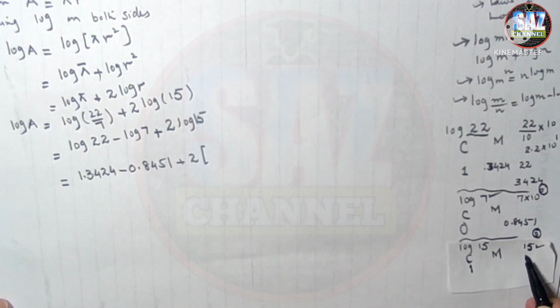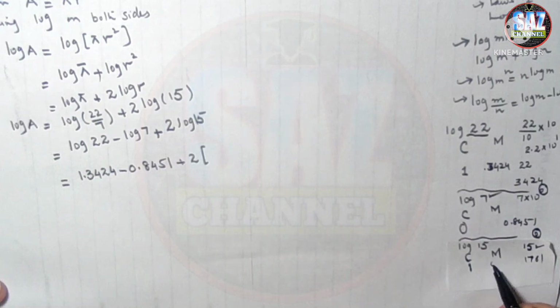And for the mantissa, I have to write this number to the nearest 4 significant figures, and as we have only 2 digits, we have to locate in the log table 15 in the column of 0, and this gives me 1761. 15 in the column of 0 gives me 1761, and as we know the mantissa is in decimal, it will become 0.1761.